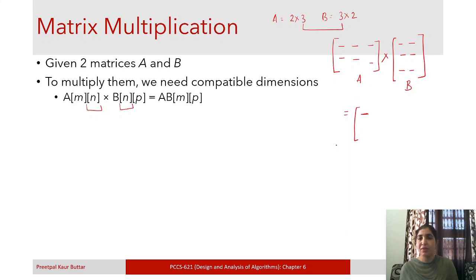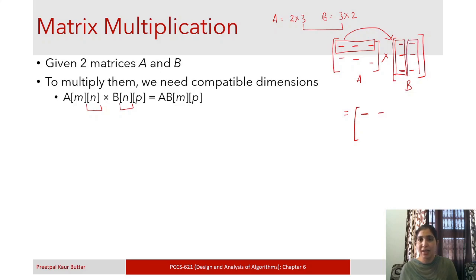the value of the first cell is obtained by multiplying element wise this row of A with this column of B. So element wise multiplication means this element is multiplied by this element, and so on, and we add the products. Okay, so this is how we obtain this cell, and for the next cell we do the same.